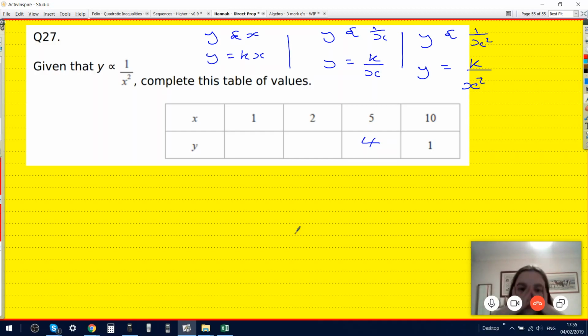No. Or 0.25. Find k. 1 equals k over 10 squared. 1 times 10 squared, which is 100.